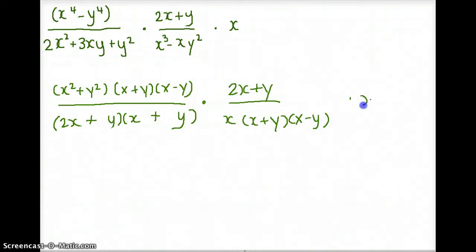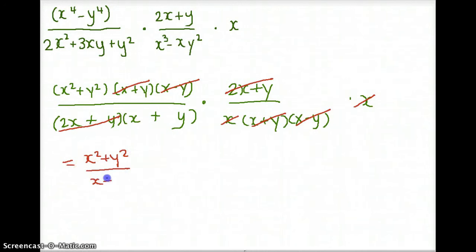Then we're going to multiply this by x, and we're going to start simplifying now. So we have x plus y, x minus y, x minus y. Then we have 2x plus y, 2x plus y, and then we have an x and an x. Okay, so now we're left with x squared plus y squared over x plus y.